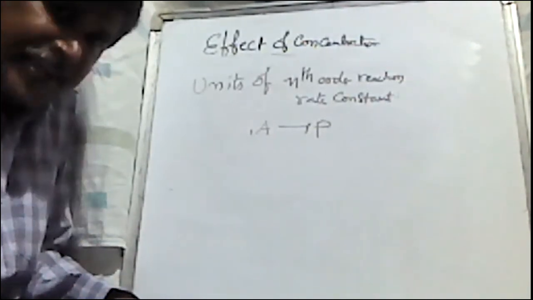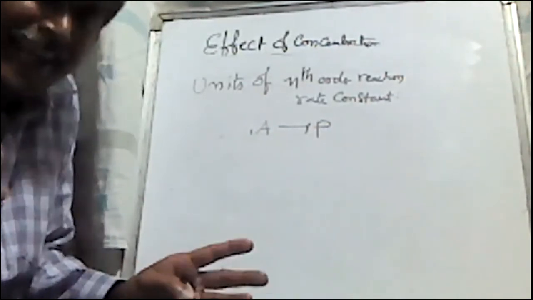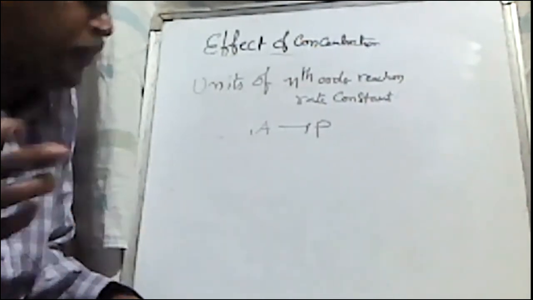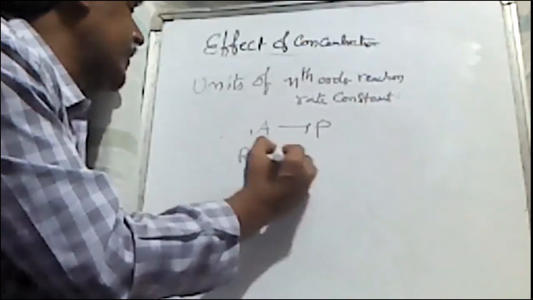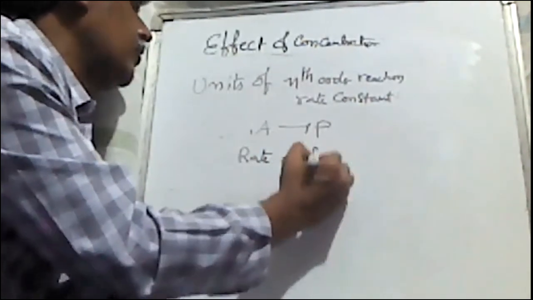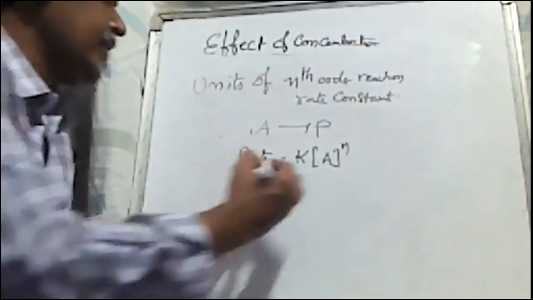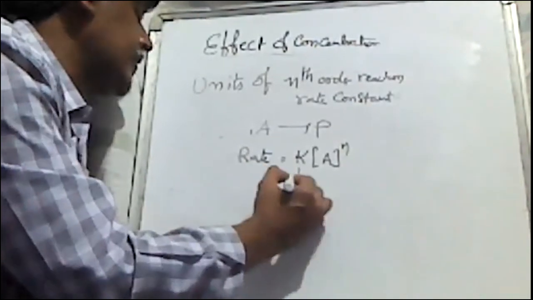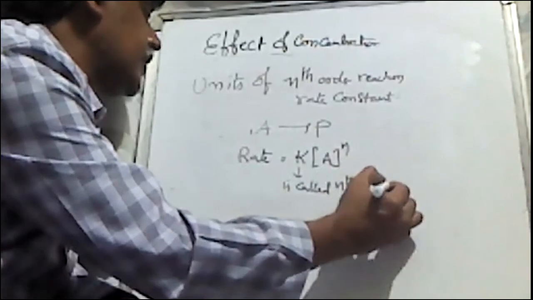If the order is 10, the sum of the powers of the concentration terms should be 10. Here, as it is an nth order reaction, I write the rate is equal to k times [A] to the power n. Here k is called the nth order rate constant.